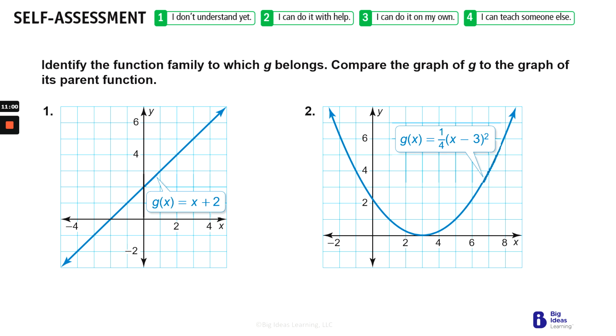All right, Josh, I'm going to come to you, friend. What parent function did number 1 come from? Like which one of those first 6 from our warm-up, which one of those would you use to label this? Linear, yes, there you go. Good, this is linear. Serena, how did it change?